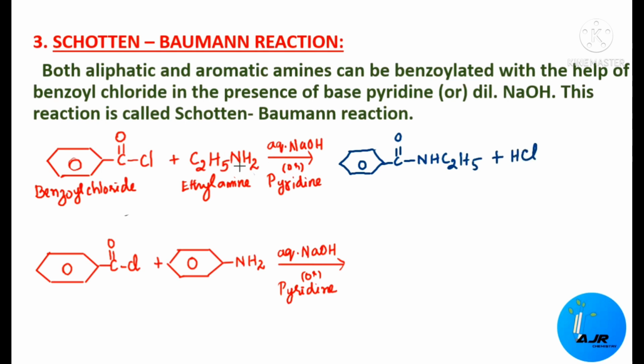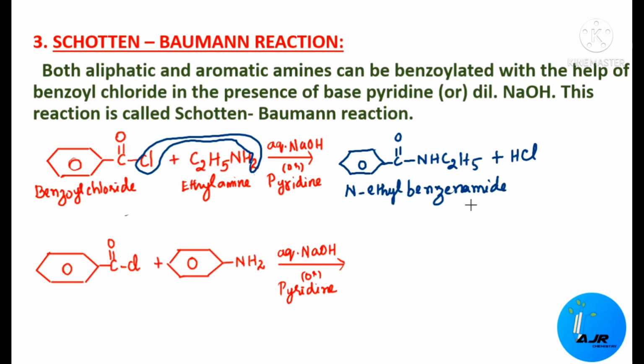Understood, students? The hydrogen from here combines with chlorine, and then you write the remaining. The name of this compound is N-ethyl benzamide.